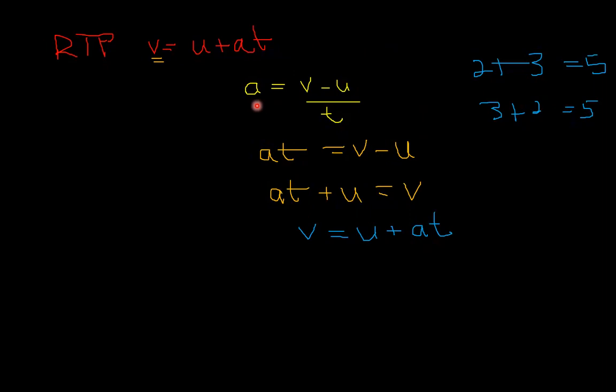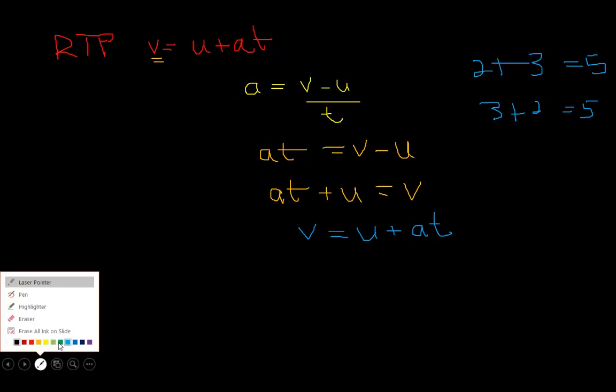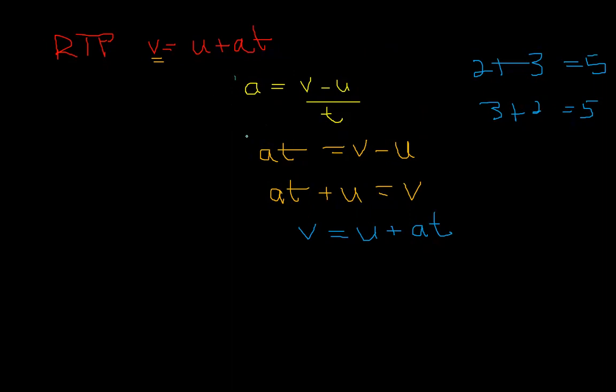And of course, A is my acceleration, right? We did that before. So how is this equation that I already know, my equation for acceleration, related to this? How did they get that? They actually just rearranged the equation to make V the subject.